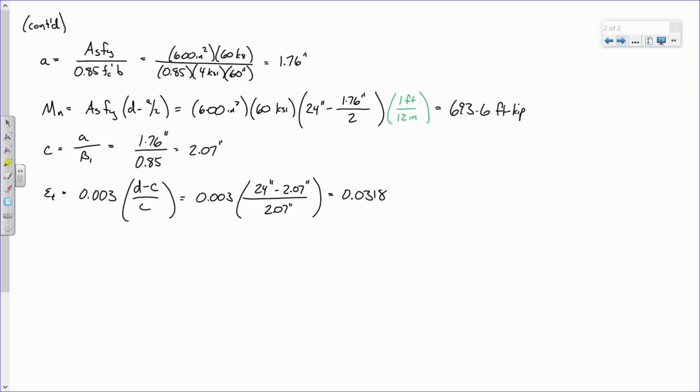Okay, and so what does that mean? Tension control. Remember, it's not 0.05, it's 0.005. This is greater than 0.005. Usually with T-beams, because of their nature, the strains have a tendency to be a lot higher, which is kind of a good thing. So that means that phi is 0.9.